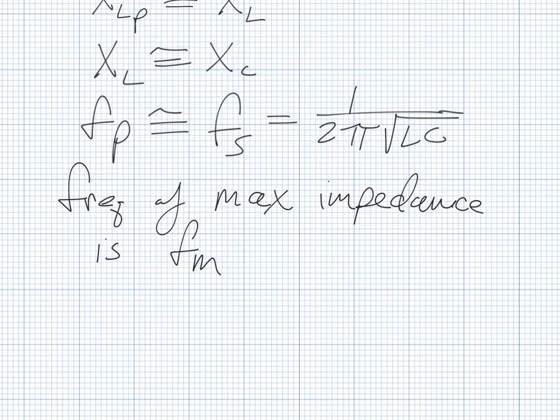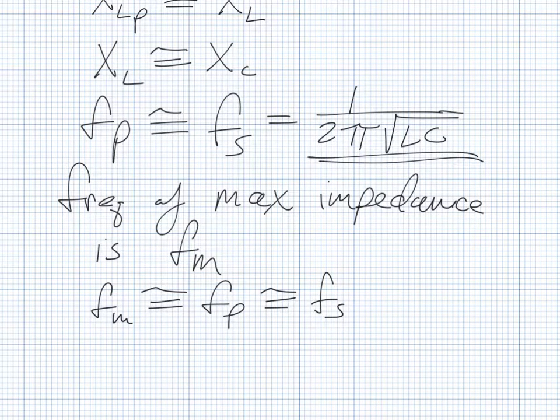So at maximum impedance, you're looking at the frequency FM. We're going to say FM is approximately the resonant parallel frequency, which is approximately equal to the resonant series frequency. And that we've defined right here.